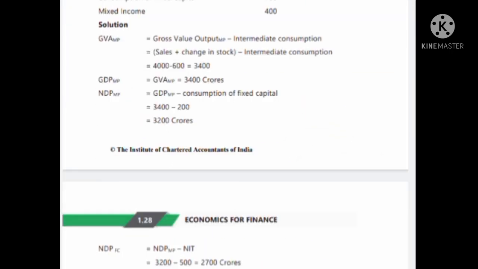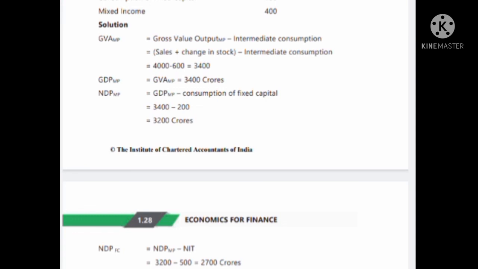Illustration 10. Calculate the operating surplus with the help of the following data. GVA first. Let us find GVA at market price, which is also called GDP at market price. The formula for this is value of output minus intermediate consumption.